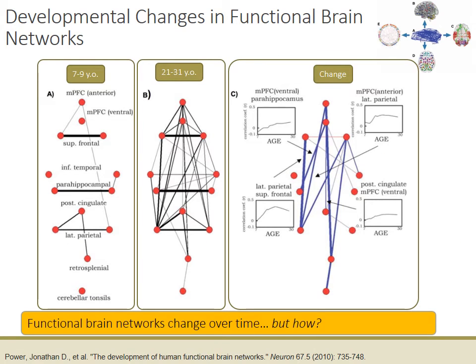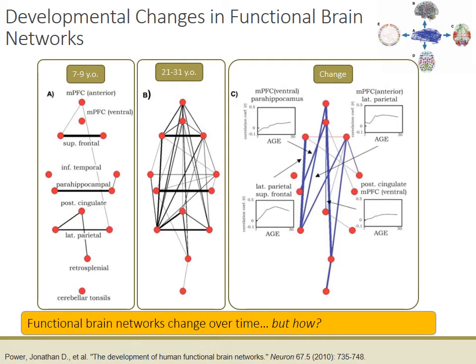And back to the brain. So how do these functional networks change in the brain as a function of age? A study in 2010 was put out, and they analyzed 2 groups of people.